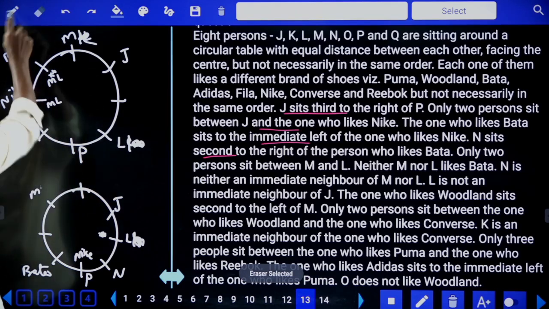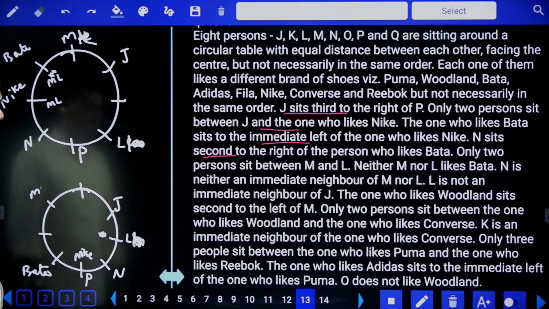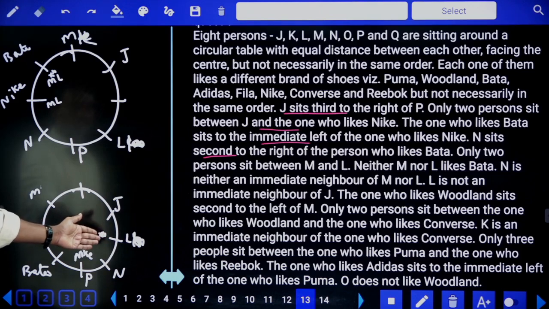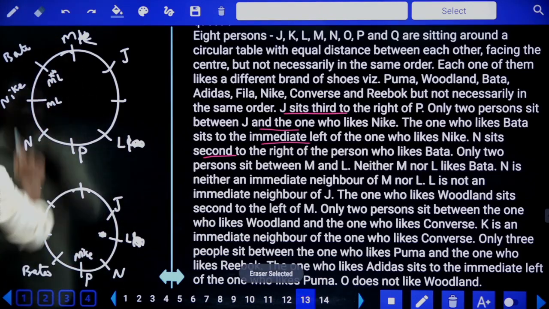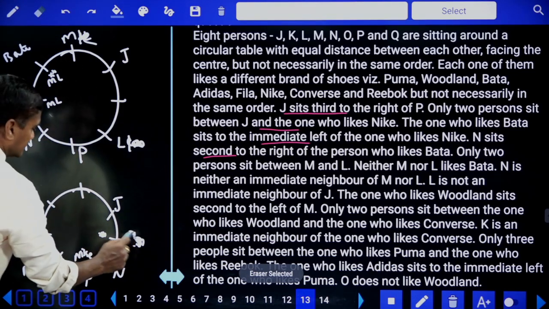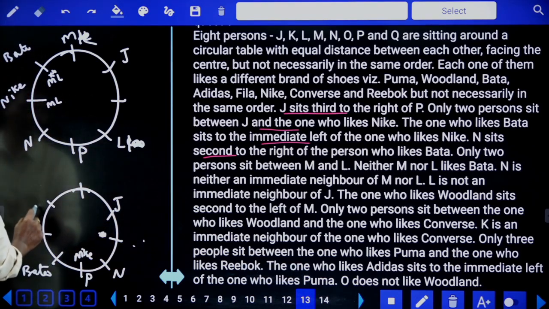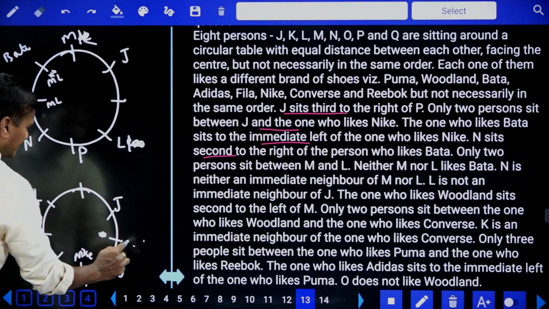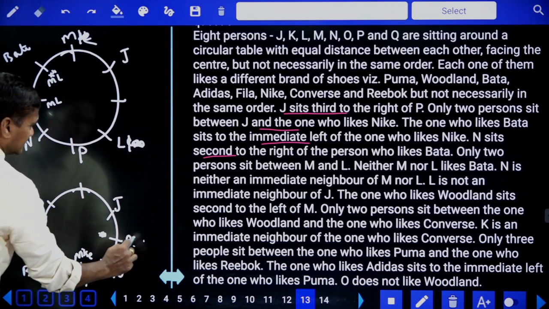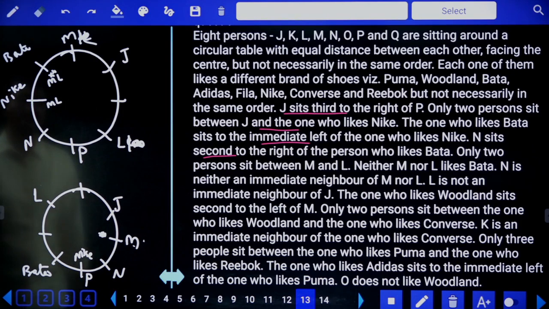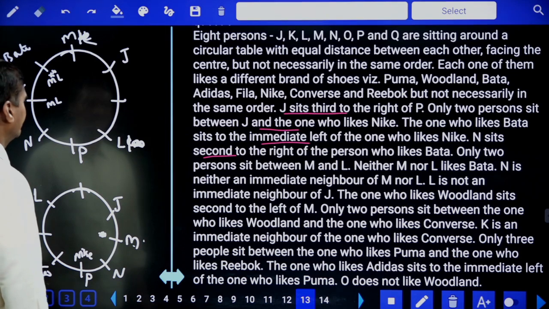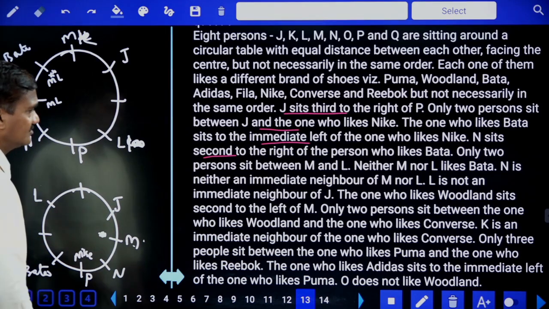L and M are also fixed here. And L is not an immediate neighbor of J. Can I mention it? Tell me. L and J are adjacent to each other. Hence, L is not an immediate neighbor of J. L is here. And who is the other person? M is here. Done? L and M. L is not an immediate neighbor of J.